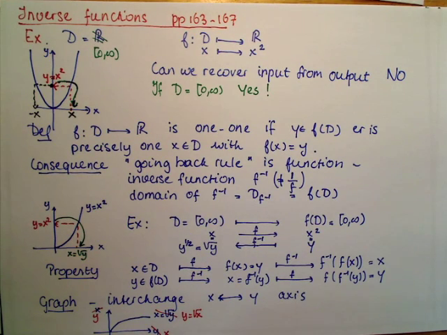So in fact, what we denote by the inverse function is that if we start with the function f of x equal to x squared, then we get the inverse function equals the square root of x. Of course, on the special domains that we consider.